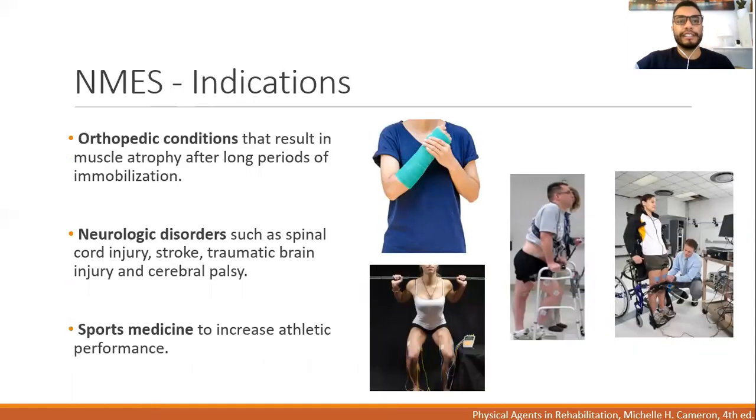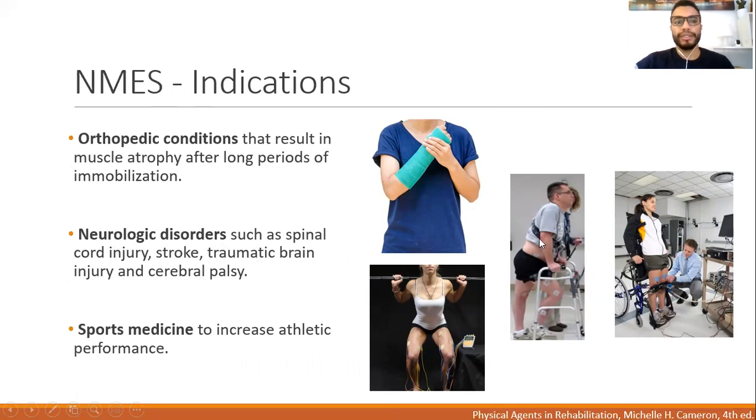The main indications are orthopedic conditions that result in muscle atrophy after long periods of immobilization, or cast immobilization, for example. We have neurologic disorders such as spinal cord injury, stroke, traumatic brain injury, and cerebral palsy.